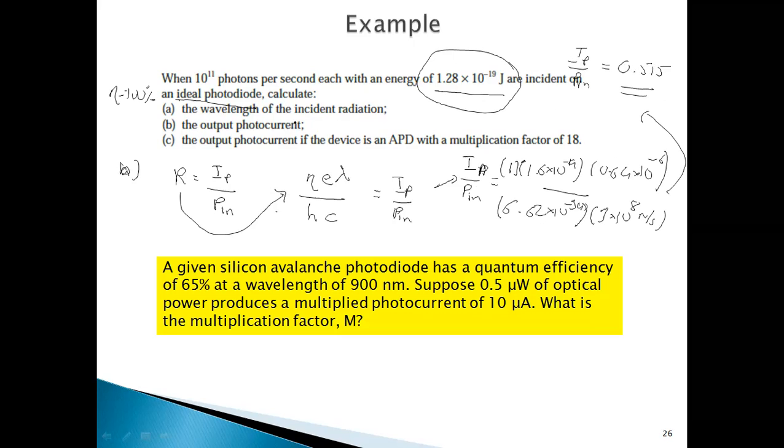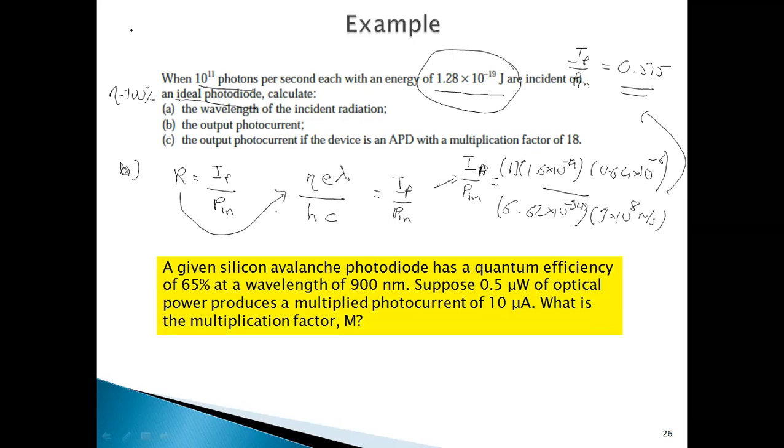But our interest is in the output photocurrent, so we need to find out how to calculate this input optical power. The number of photons, which is 10 to the power of 11, can be used to calculate the input optical power, because input optical power is proportional to the number of photons excited.